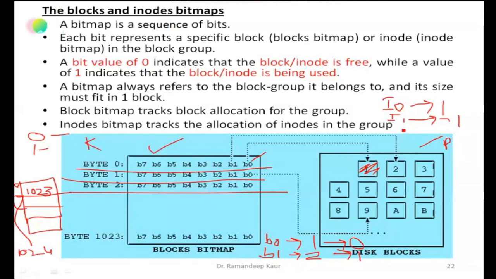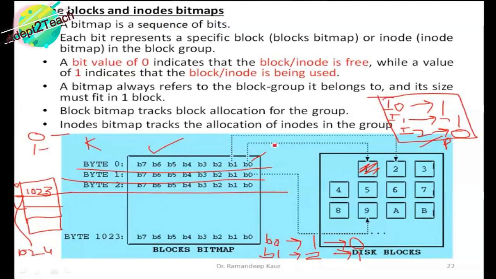Inode number 1, let's say this is also occupying some file, so again 1. Inode 2, let's say this file is free. So this bitmap will be made like this. This will be your inode bitmap. The example I showed earlier is your block bitmap. So these bitmaps are stored in every block group of every partition.